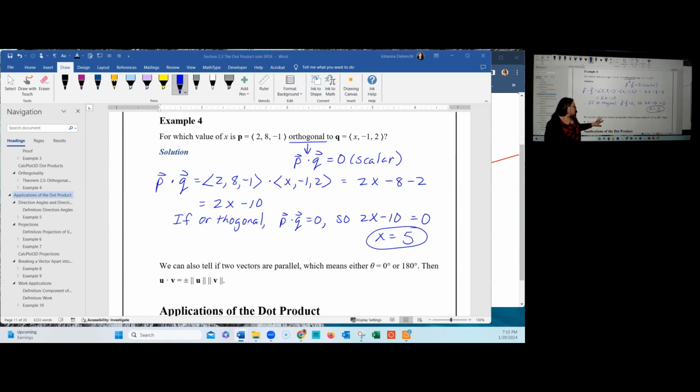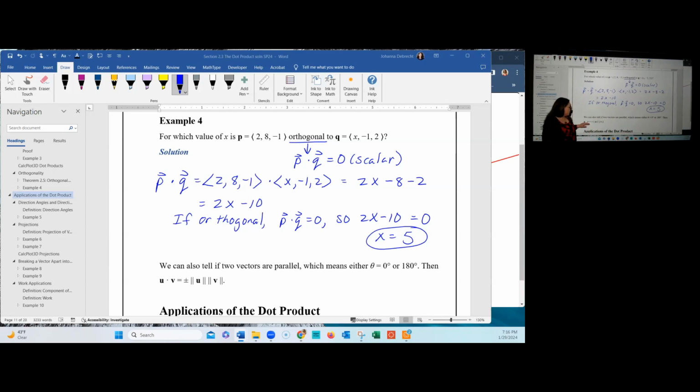Now, how could we tell if two vectors are parallel? In other words, the angle between them is 0, as in they're pointing in the same direction, or 180 degrees, meaning opposite directions, but still parallel to each other. If the angle is 0, then the cosine of 0 is 1.